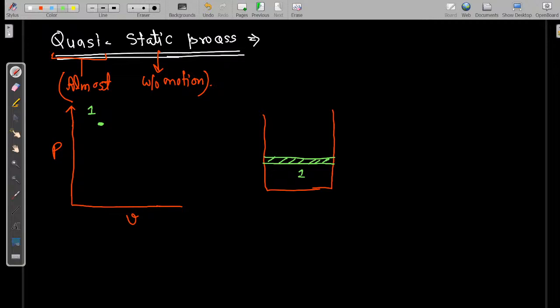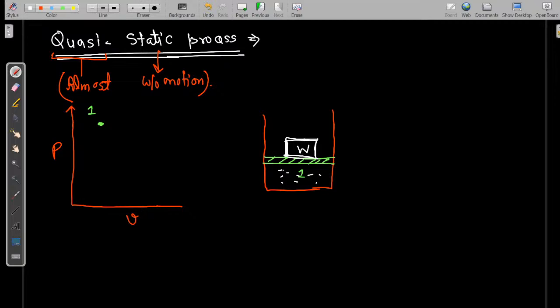How can it be very slow? Let us say I have a piston and a cylinder. Inside this piston cylinder, some gas is filled. And I have a weight W which I have put on this piston. मैंने एक W weight piston के ऊपर रख दिया, ठीक है.